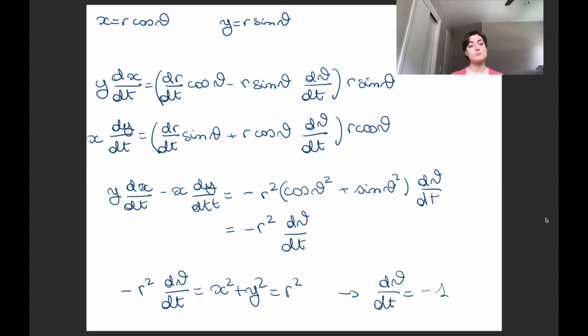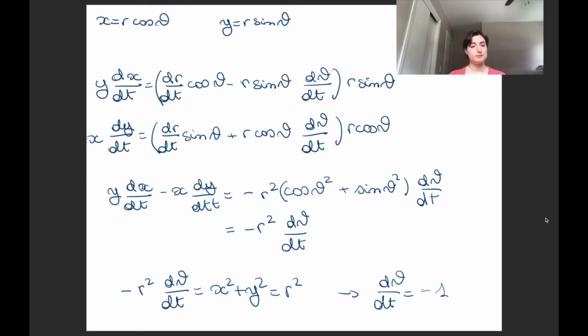It actually happens. If we take y dx dt minus x dy dt, the first terms, dr dt cos theta sin theta, cancel out, and we are left with minus r squared times cos theta squared plus sin theta squared times d theta dt. But cos theta squared plus sin theta squared is equal to 1, so that simplifies away.